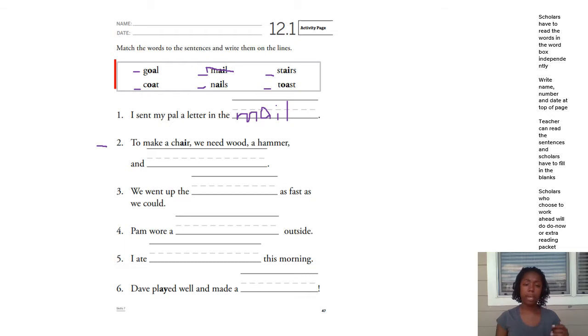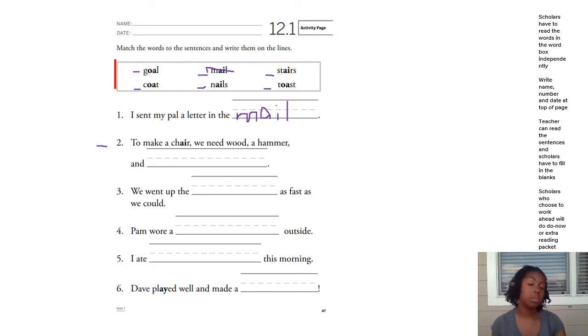Okay, now we're going to come down to number 2. Number 2 says, to make a chair, we need wood, a hammer, and blank. Do you need wood, a hammer, and goal? Do you need wood, a hammer, and coat? Do you need wood, a hammer, and nails? Do you need wood, a hammer, and stairs? Or do you need wood, a hammer, and toast?